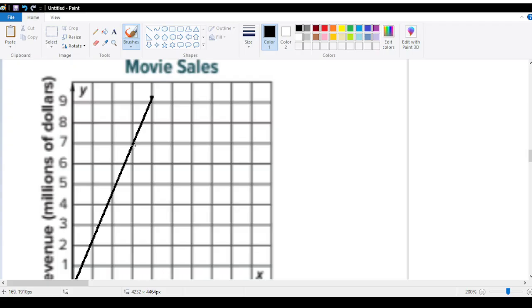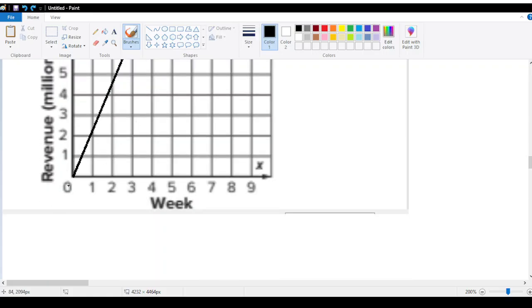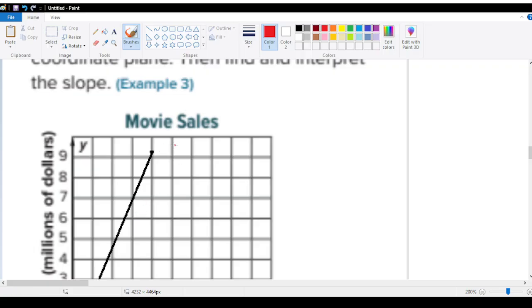Even this corner is not 100% accurate and precise. So it's better to use the other method. What is this point here? What's the coordinate of this point here, Shamsa? 0 and 0, right? Yes. What's the coordinate of this point? 4 and 9.2.